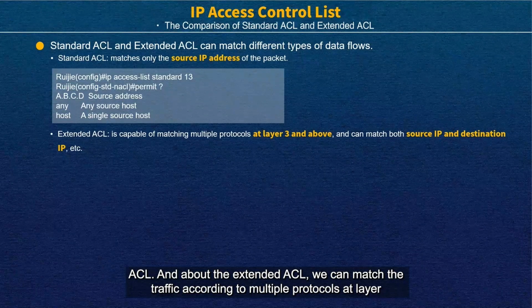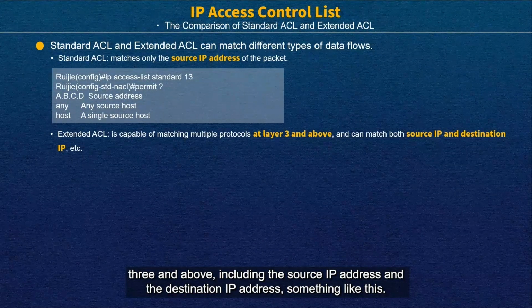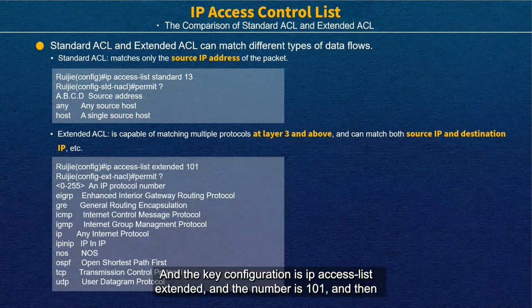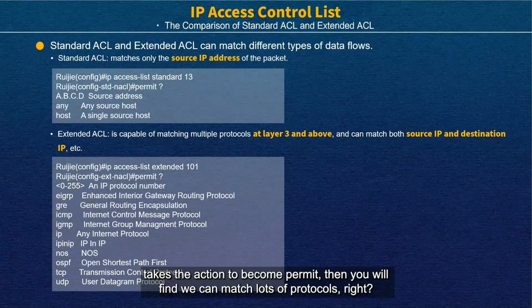About the extended ACL, we can match the traffic according to multiple protocols at layer 3 and above, including the source IP address and the destination IP address, something like this. The key configuration is ip access-list extended and a number like 101, and take the action permit. Then you will find that we can match lots of protocols, right?